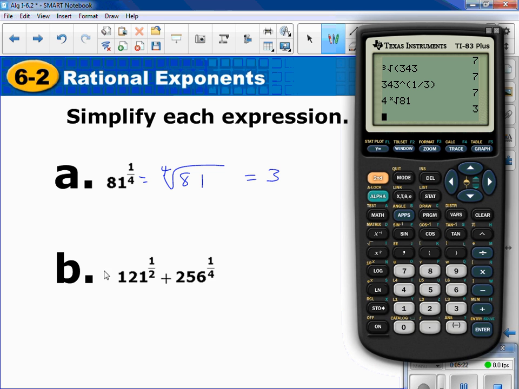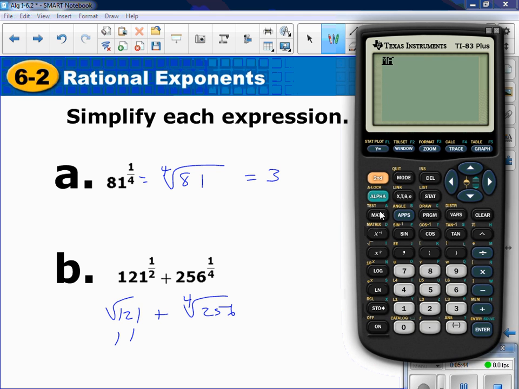What does 121 to the 1/2 really mean? Square root of 121. What's the square root of 121? 11. 256 to the 1/4. That means the 4th root of 256. 4, math, 5, 256. What's 11 plus 4? 15.